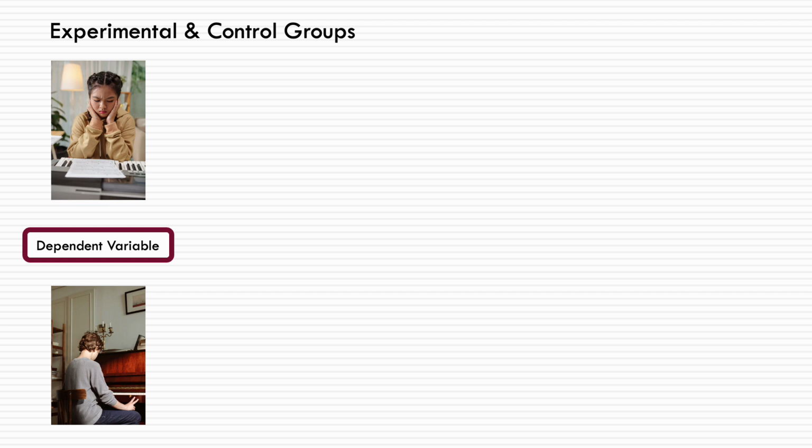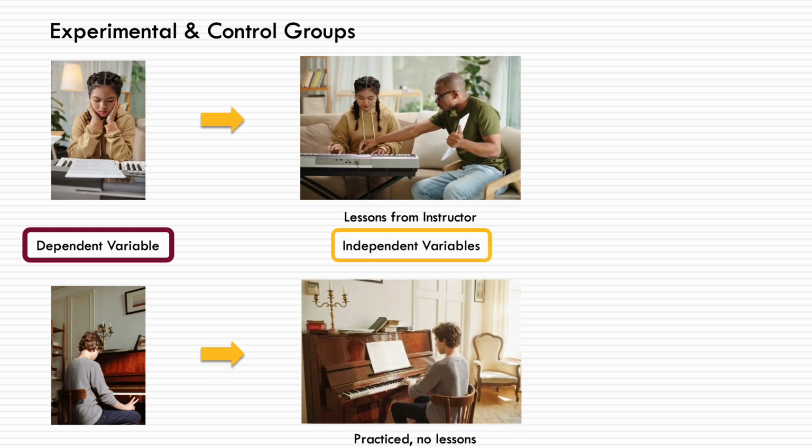They're both the dependent variables, but in one, the experimental, which is our top group with the young lady, that is the one where you introduce an independent variable to see if it causes change. The other one is the one we call the control group, which is the young man on the bottom, and for him, we don't introduce that independent variable.